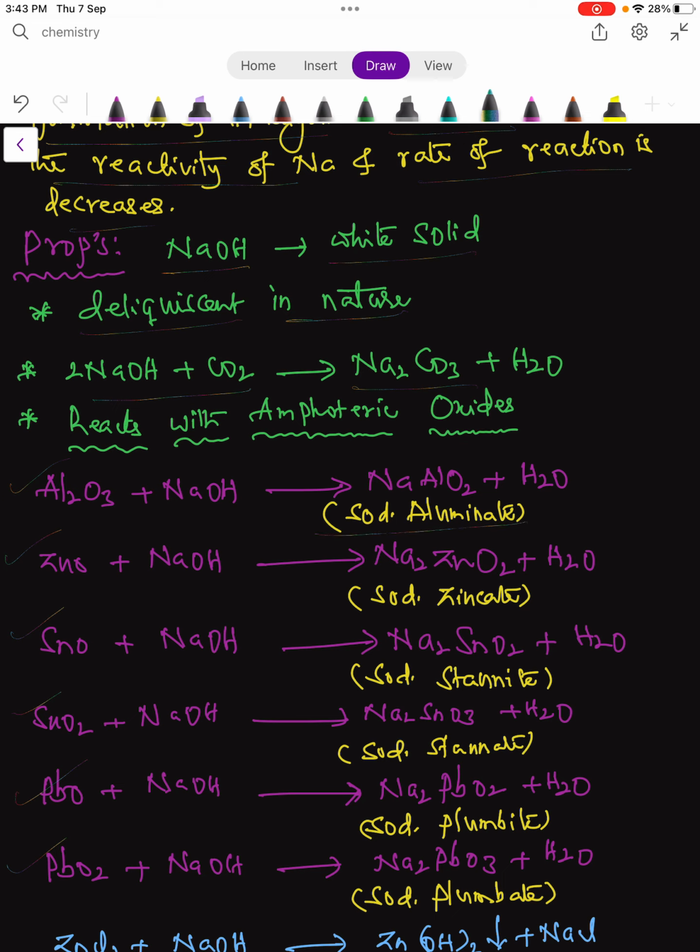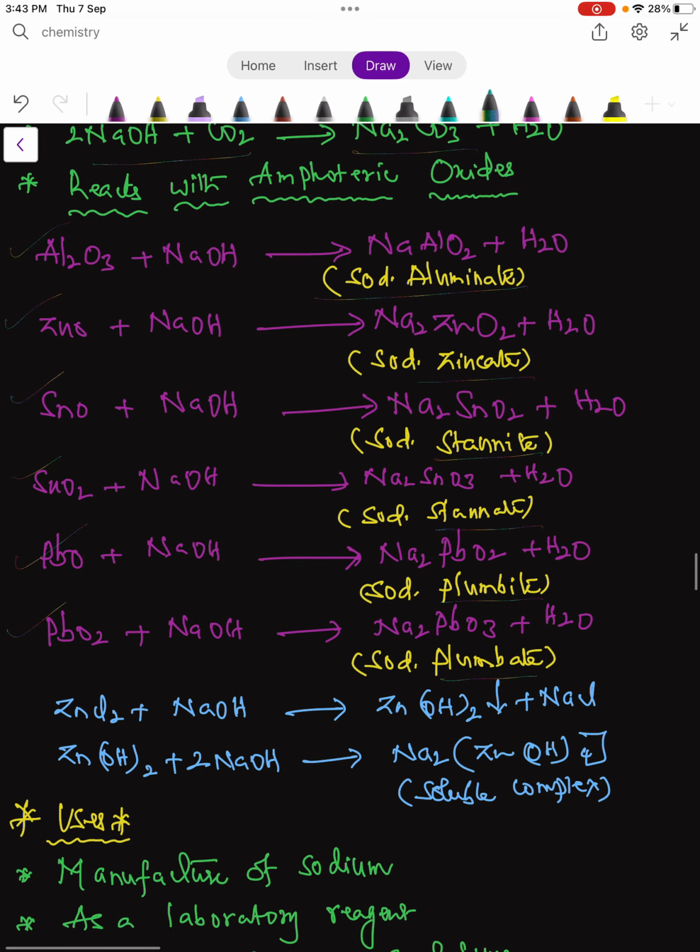With alumina, NaOH gives sodium aluminate; with zinc, zincate; with stannum, stannite and stannate; with lead, plumbite and plumbate. Even with ZnCl2 it reacts and forms hydroxides of zinc, giving soluble Na2Zn(OH)4.